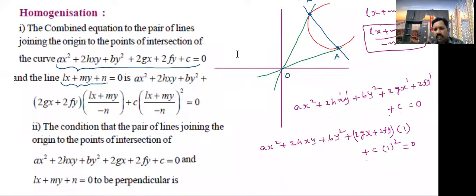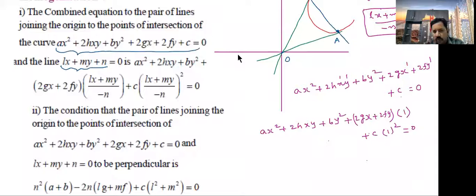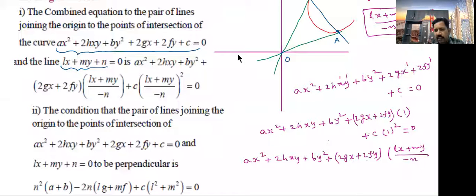The non-homogeneous equation is going to become homogeneous. ax square plus 2hxy plus by square plus 2gx plus 2fy into 1, that is lx plus my divided by minus n, plus c into lx plus my divided by minus n whole square.